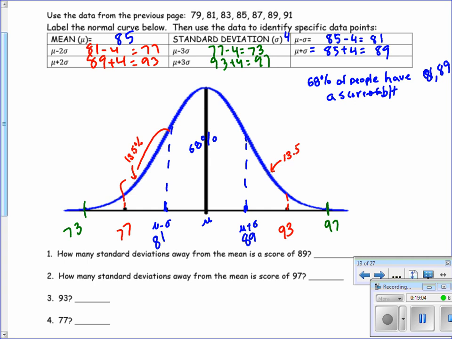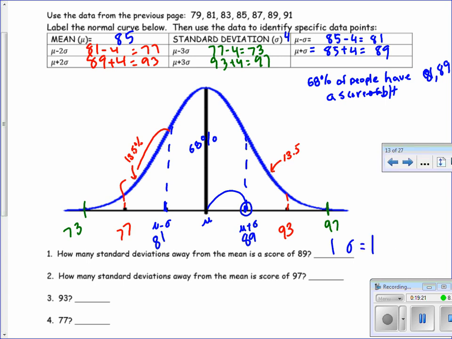So let's go ahead and answer these questions. It says, how many standard deviations from the mean is a score of 89? So I'm going to find 89. And if I look, it's 1 tick mark away. So it's 1 sigma, or 1 standard deviation. You could also write 1 S.D. Number 2, how many standard deviations away from the mean is a score of 97?